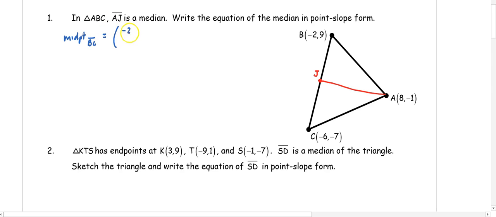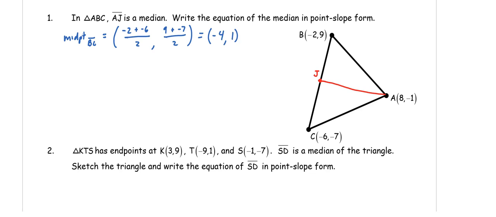So I have -2 plus -6 over 2 and 9 plus -7 over 2. So -2 plus -6 is -8, divided by 2 is -4. And then 9 plus -7 is 2, divided by 2 is 1.